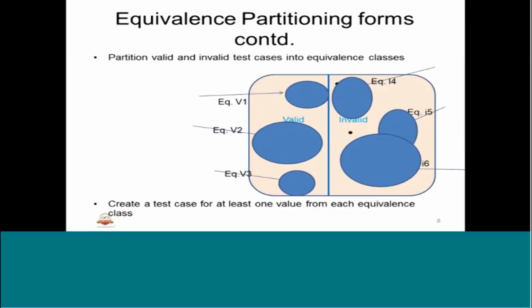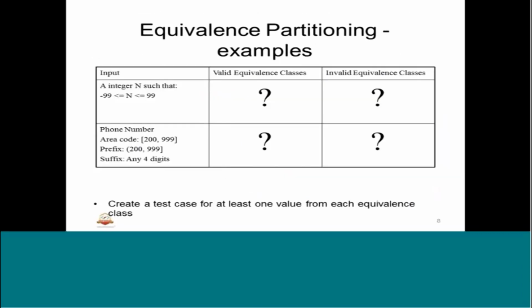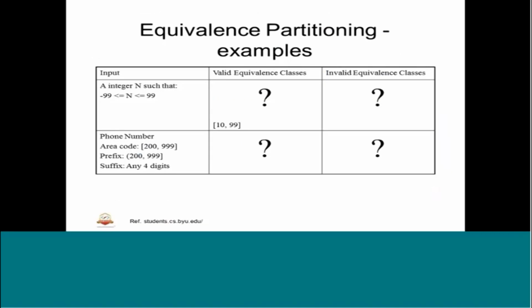And we define the numbers accordingly: equivalent valid 1, valid 2, valid 3 based on the classes, and each class will have at least one test case selected from it. We also studied an example of an integer n ranging from minus 99 to plus 99.